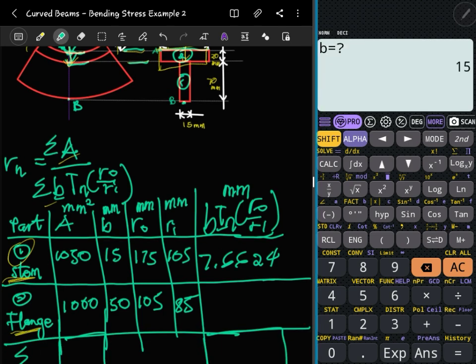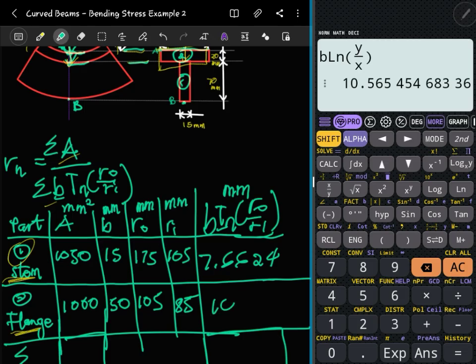Now I move on to the same for the flange. Our B here is 50. Our X, which is the outer, is 105. And our inner is 85. And that gives us 10.565.